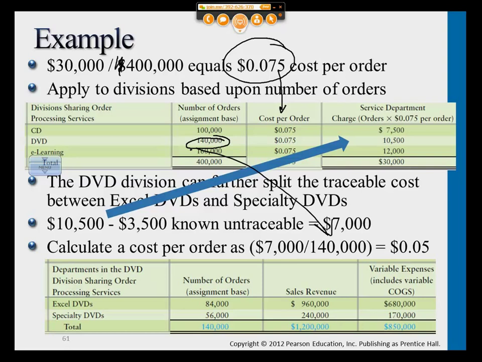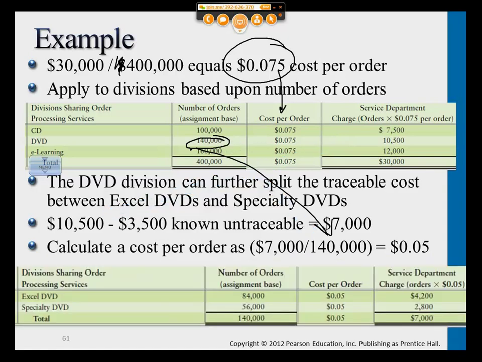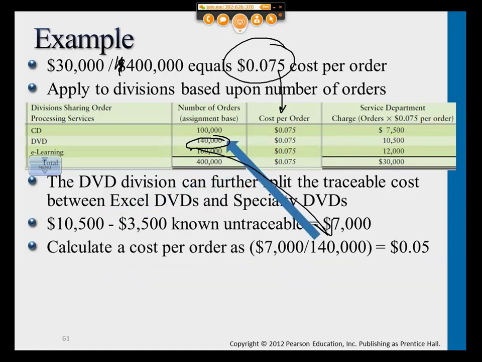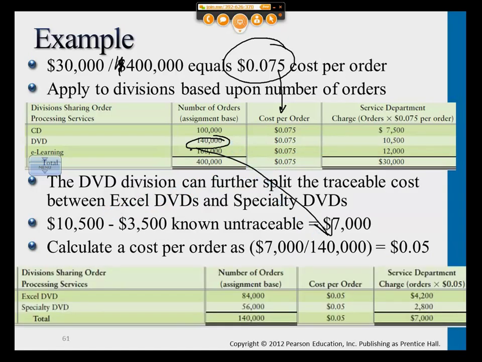Great. Now, what am I going to do with this number again? I plug this 0.05 in as a cost per order. I know that 84,000 is the number of orders for Excel and 56 is the number of orders for Specialty. Pay attention: if I sum these two up, I get that 140 that we had here.